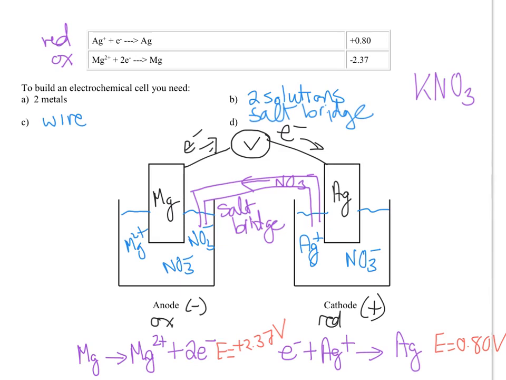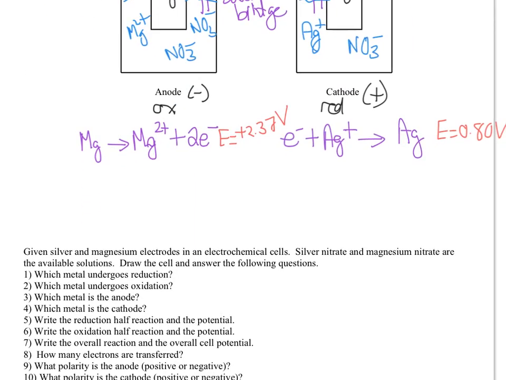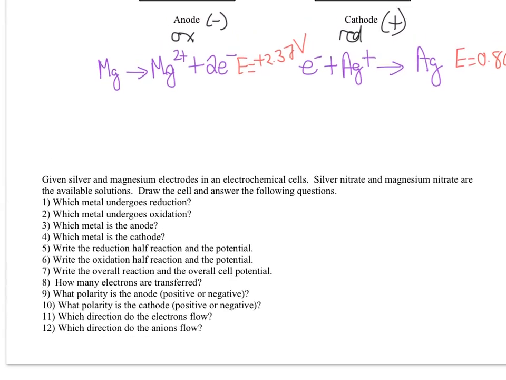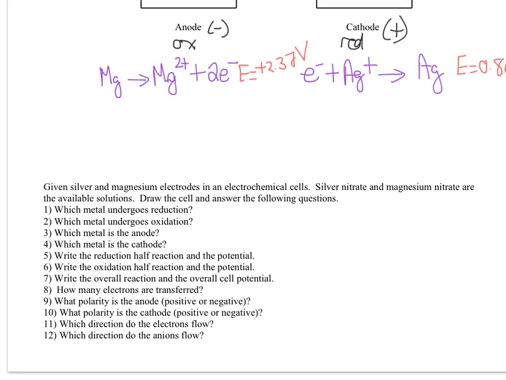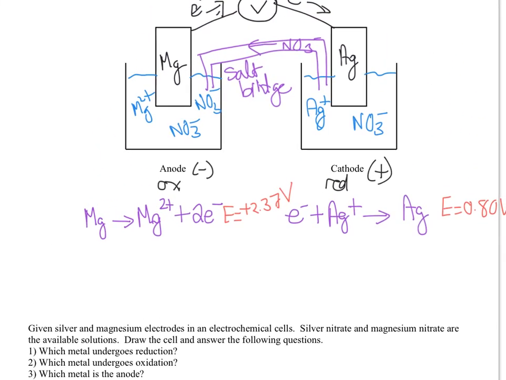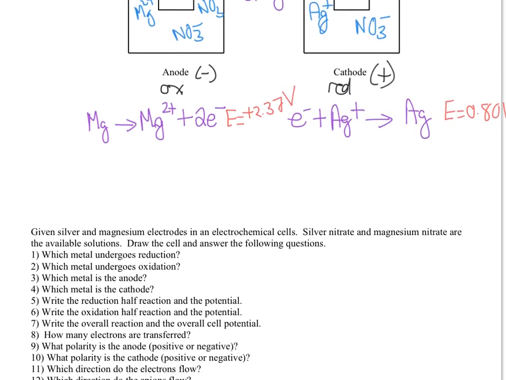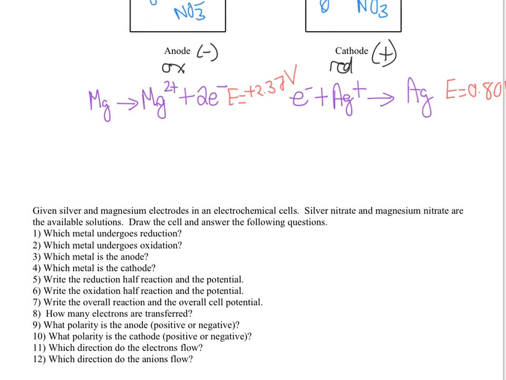Now you need to be able to draw this. You also need to be able to answer these 12 questions about an electrochemical cell. So let's try to answer those questions together. Number 1 says, which metal undergoes reduction? We said reduction happens at the cathode. That would be your silver.